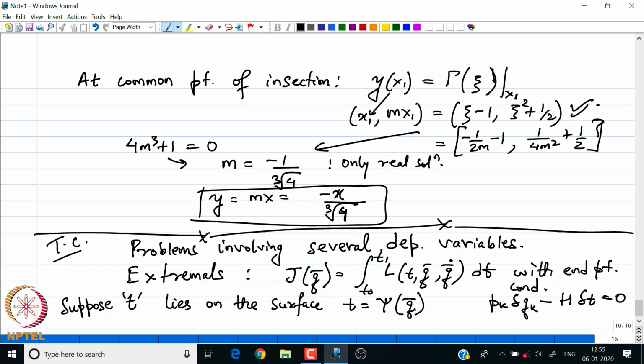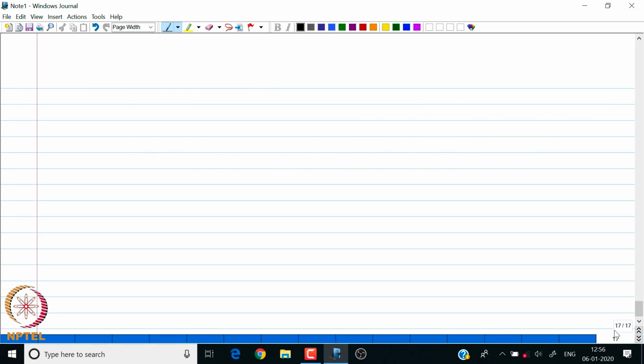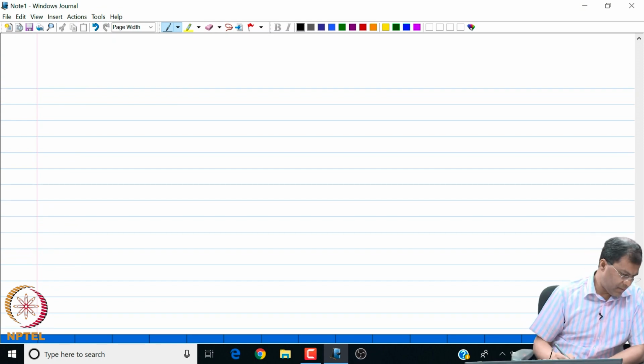So I need to find the variations delta t and delta q bar, or delta q1, delta q2. We look at those variations one by one. Let me say that we look at variation only in the first component of q, assuming the variation in the second component is absent.